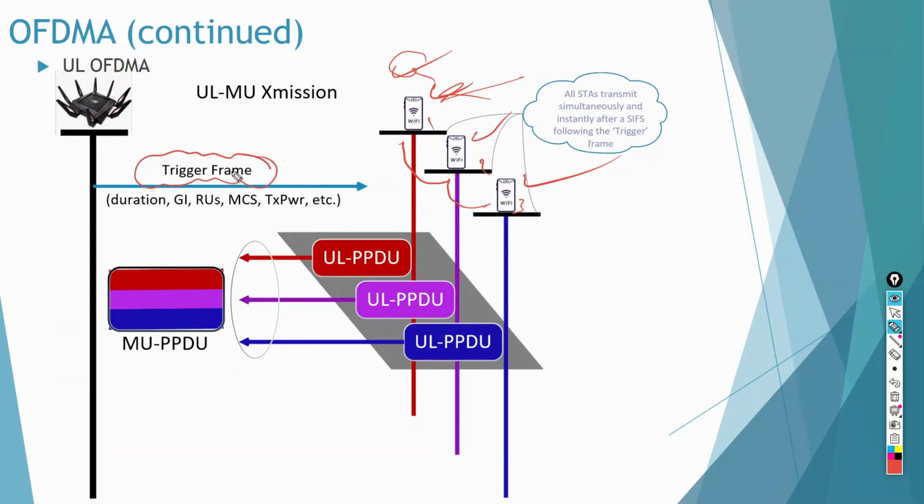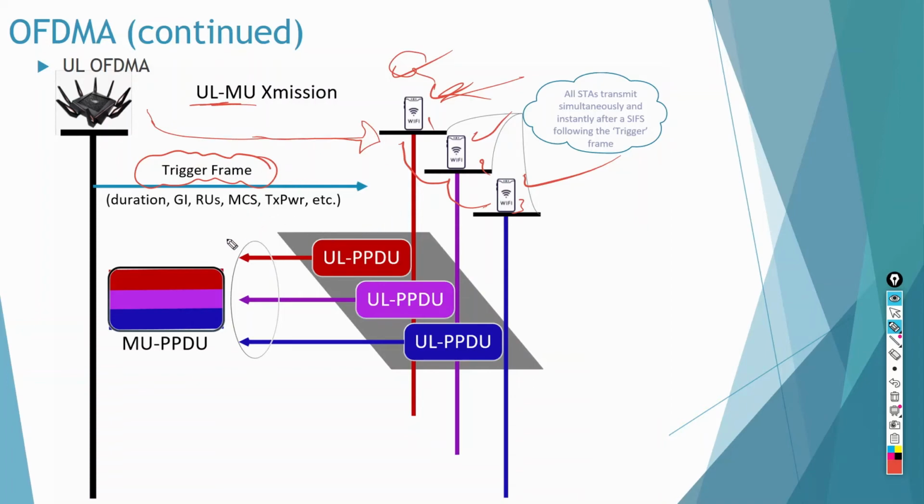This frame wasn't available previously in 11AC or earlier. What it does is the following. It tries to trigger uplink transmissions, so it contacts the stakeholders that are going to participate in the uplink transmission.